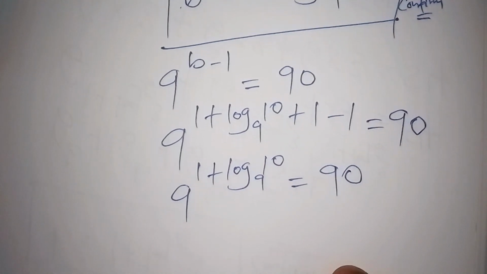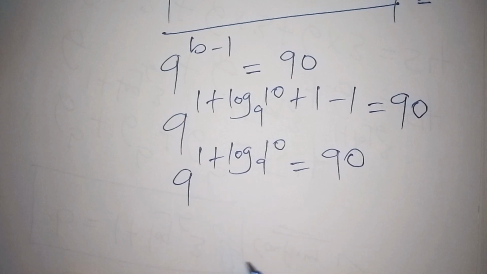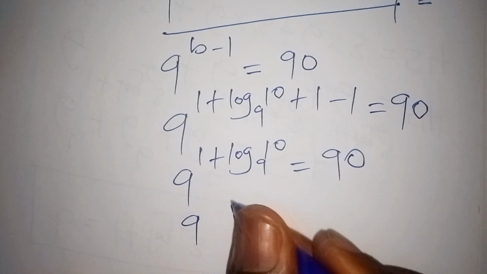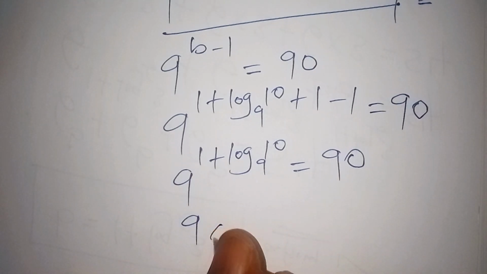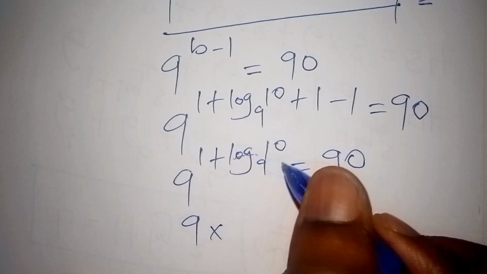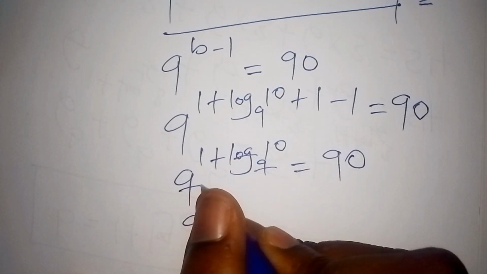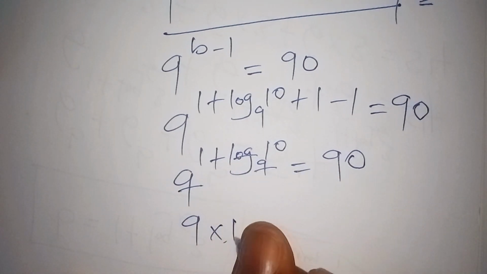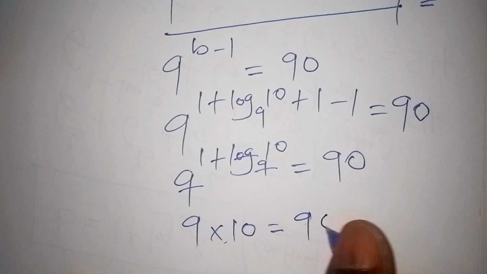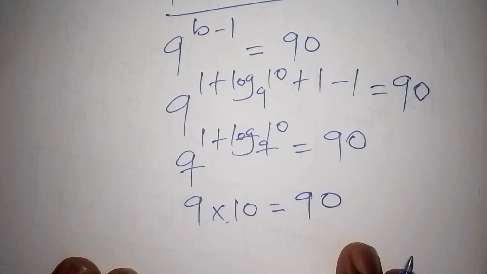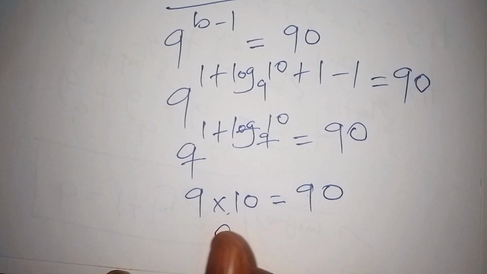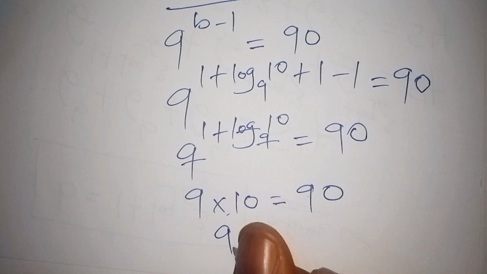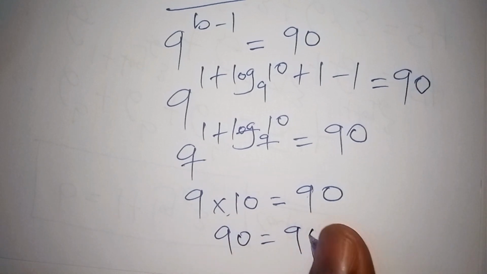Here 9 to the power of 1 is like having 9, then the plus changes to multiplication. The log to the base of 9 cancels with this 9, so we remain with 10. So 9 multiplied by 10 is equal to 90. 9 times 10 is 90, so now we have 90 is equal to 90.